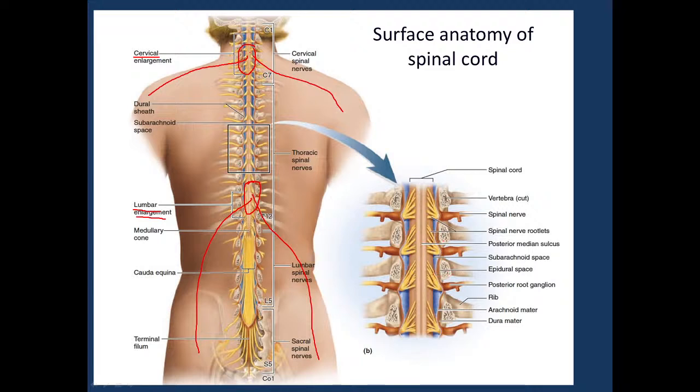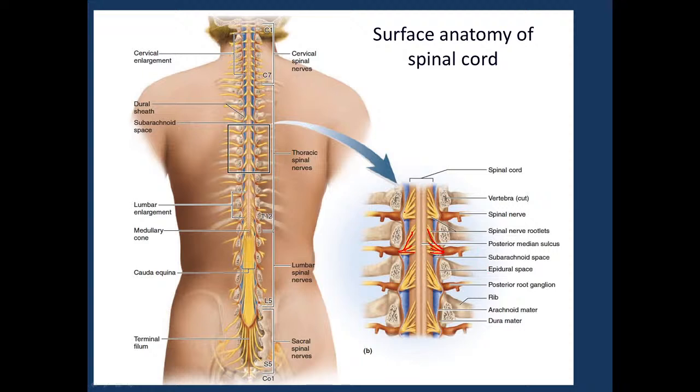And you see that from the surface of the spinal cord come out the anterior and posterior roots. This structure we call the roots of the spinal nerves.